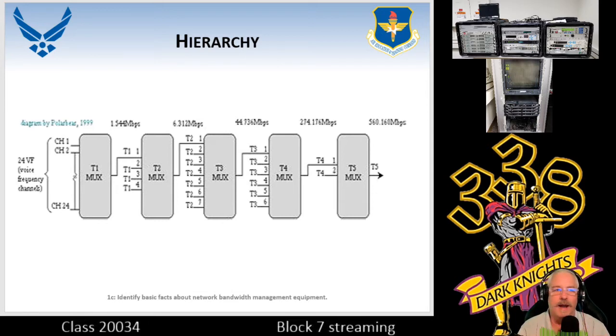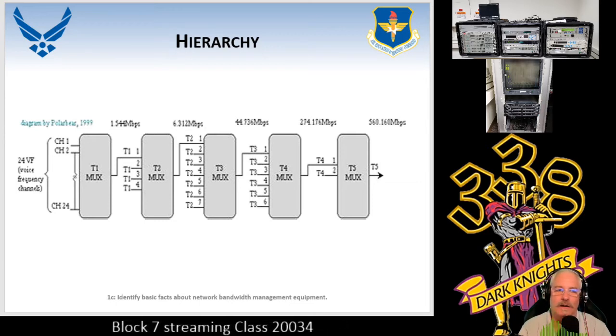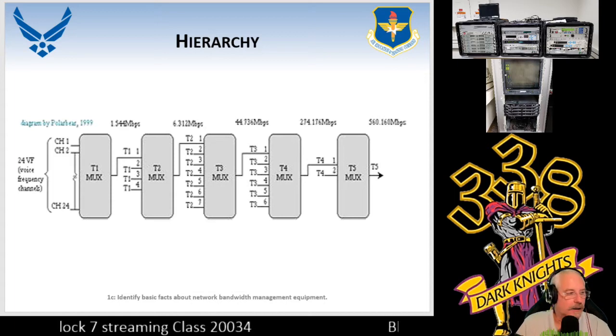However, when you get past the 4, from what I understand, you start developing what's called superscripts, which are errors. And they create problems when you start going to a T5. Depends on your equipment and how well it is working with the hierarchy. So that's what hierarchy is.